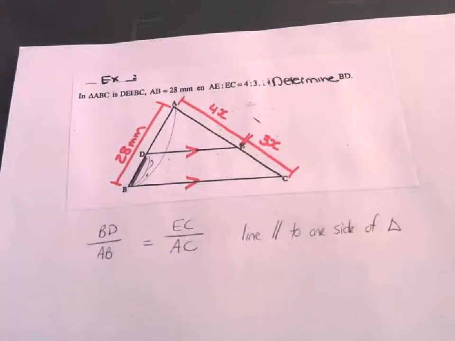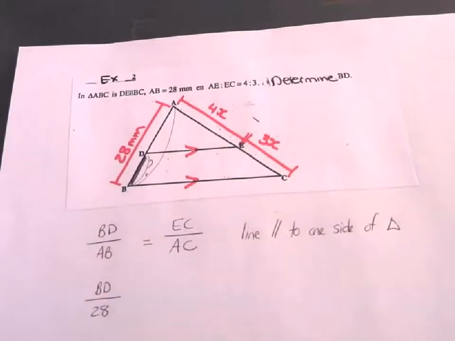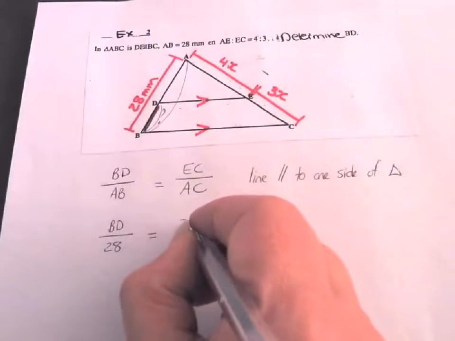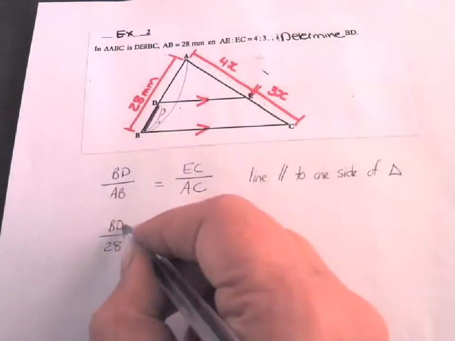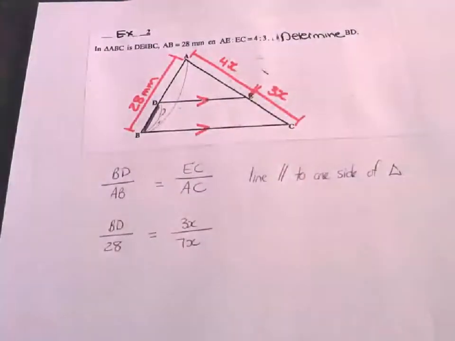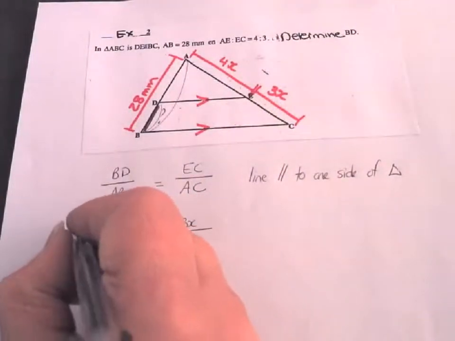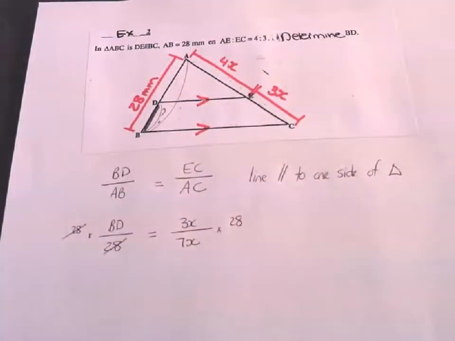And now you substitute the values in. BD doesn't have a value, so it stays BD. AB is 28 millimeters. EC is 3x. AC is 7x. Now, in order to solve BD, not x, we want to know what the value of BD is. We have to get this one alone. So we multiply with 28, and we multiply with 28, and then they can cross out.